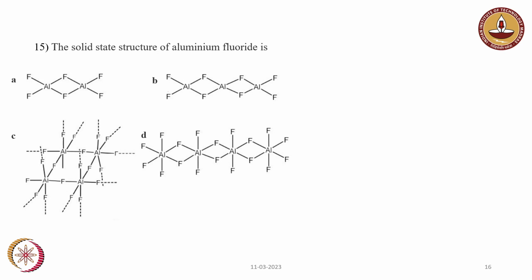In AlF3, each aluminum center is octahedrally surrounded by 6 F atoms, each of which links to a nearby aluminum center. So option C is the answer. Here each aluminum is bonded to 6 fluorine, so it is octahedrally coordinated, and those fluorine will be linearly bonding with a nearby aluminum.